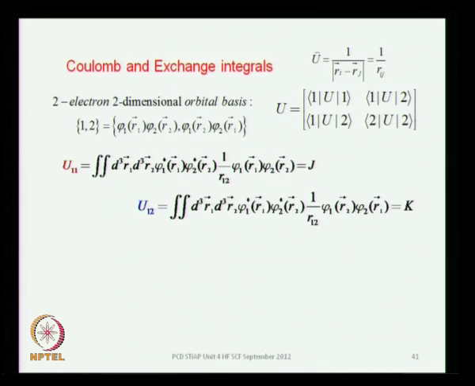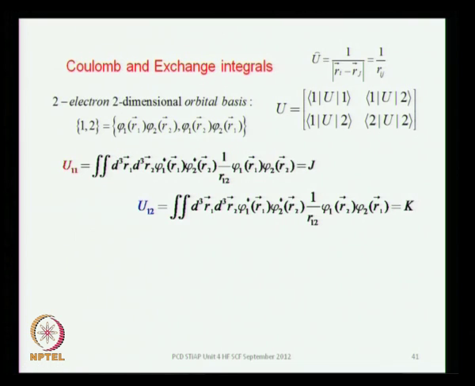What about U12? U12 is the integral in which you must sandwich the Coulomb operator, which is the 1 over distance operator, between these two states, between the first and the second, right. So, this is phi 1 star R1, phi 2 star R2, but here you have got phi 1 R2, that is the interchanged, right, and this is phi 2 R1. And this is again a double integration, but each integration is an integration over 3 variables.